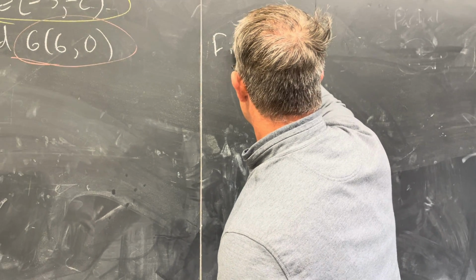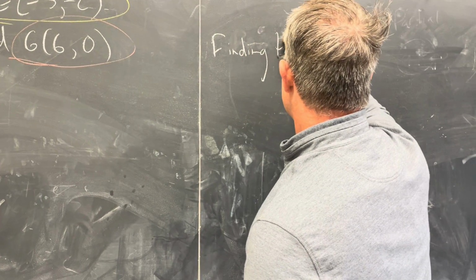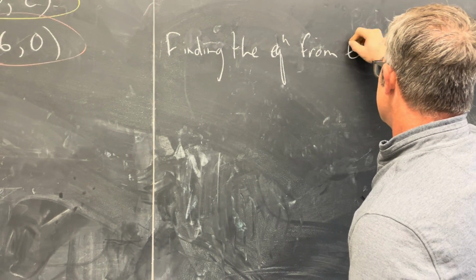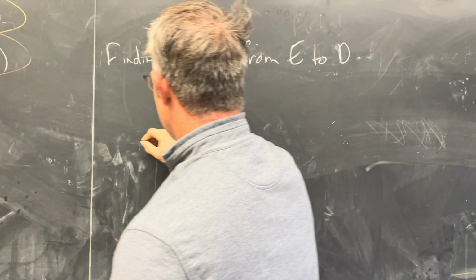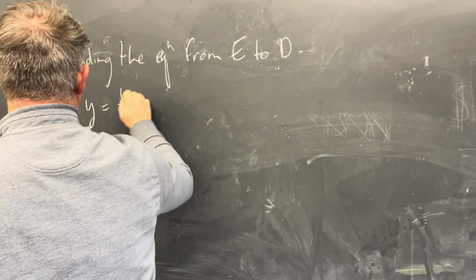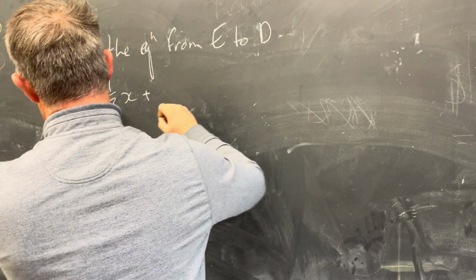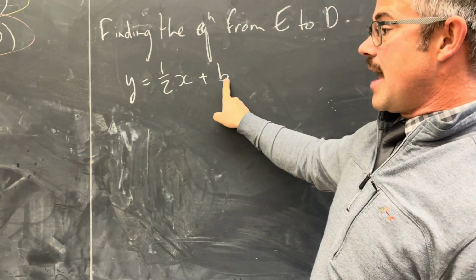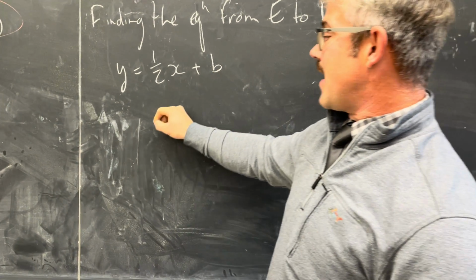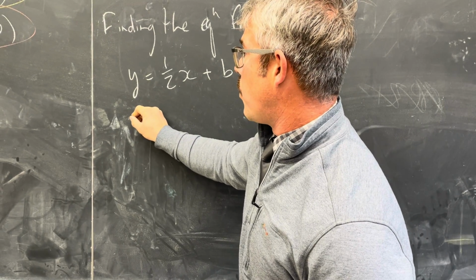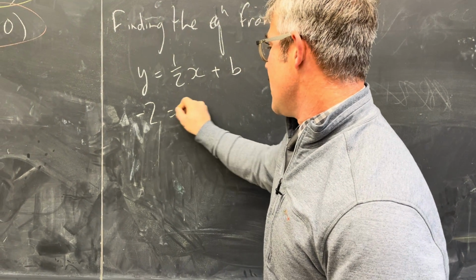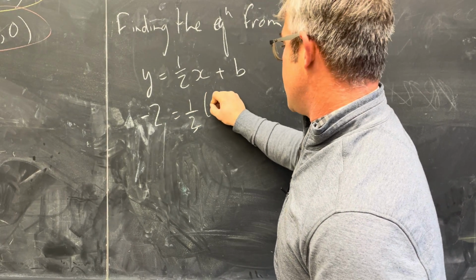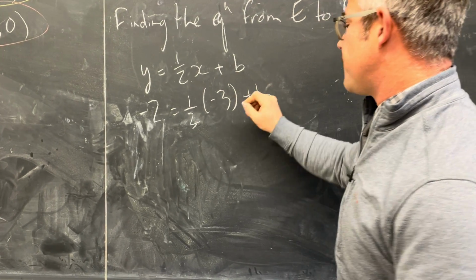So finding the equation from E to D. We already know the slope. It's 1/2 x, but we don't know b, the y-intercept. So to find that y-intercept, we're going to use any one of the points we know is on the line. That's point E. So it has a y value of negative 2 and an x value of negative 3. So I can go ahead and find b now.